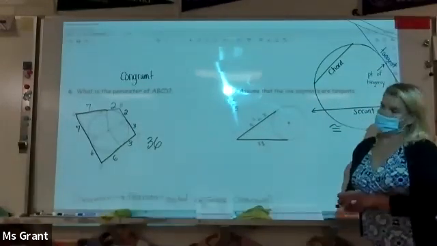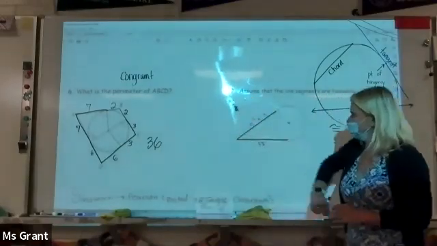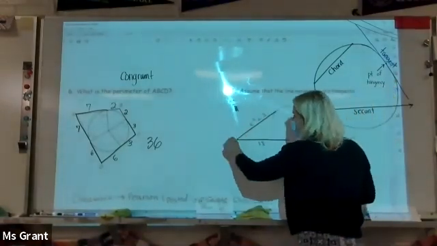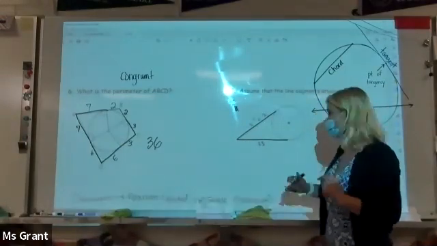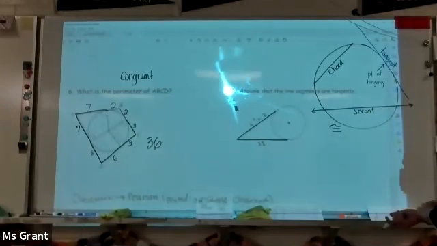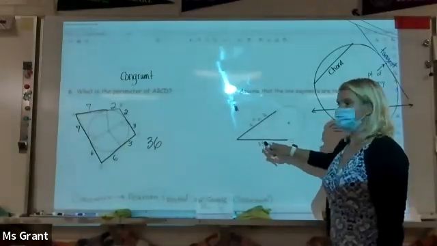All right, last example. Number 7. Assume that the line segments are tangent. This line and this line are tangent. They are equal to each other. So go ahead, solve for that.